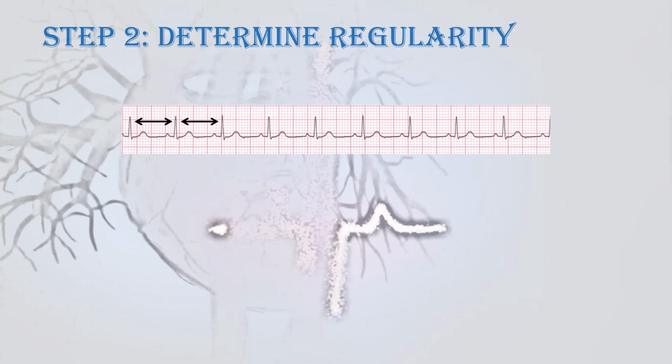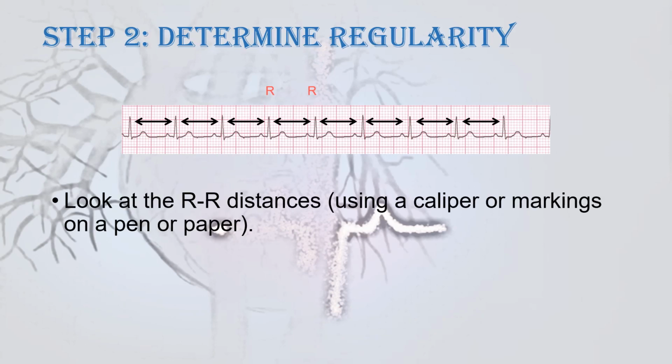Then the second step, the ECG rhythm analysis. The second one is to determine the regularity, whether the P waves or all complexes are at equal intervals. For that, we are supposed to look at the RR distance.